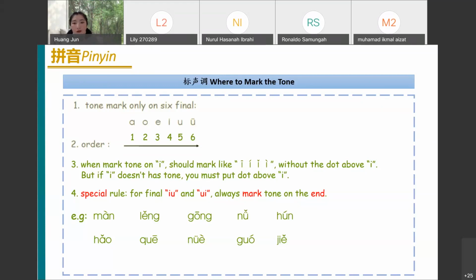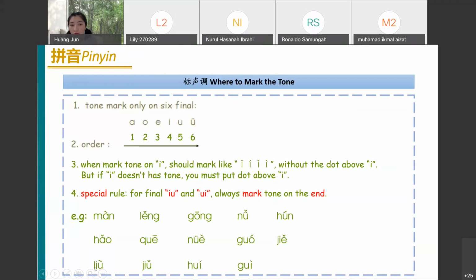Then number 4. Let's check over here. Then we got our special rule for number 4 here. If you see the finals I, U, and U, I together, no matter which one, then you always remember the tone mark we put on the end, on the last letter. Okay?